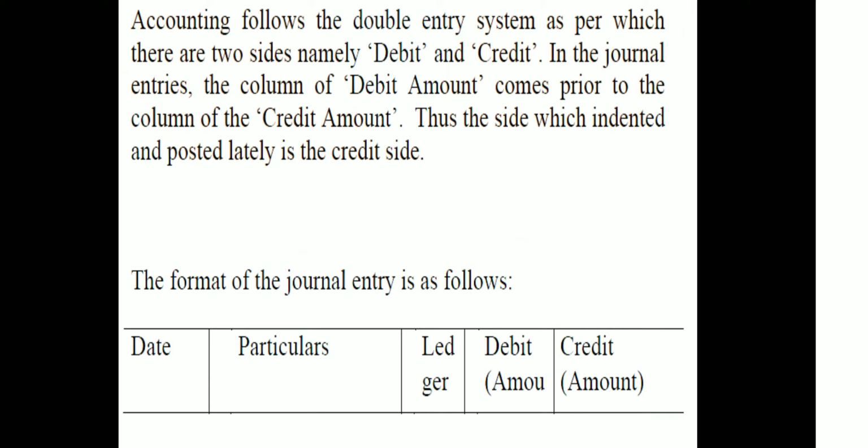There are two columns for the amount: the first one is amount debit and the second one is amount credit. Now we will understand how we can enter daily transactions in the book, that is, the journal.